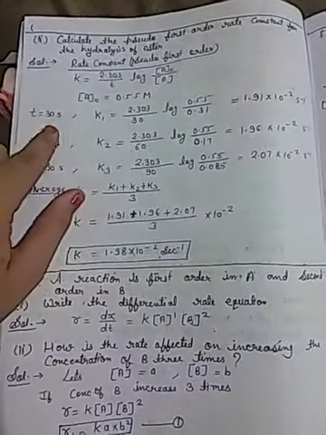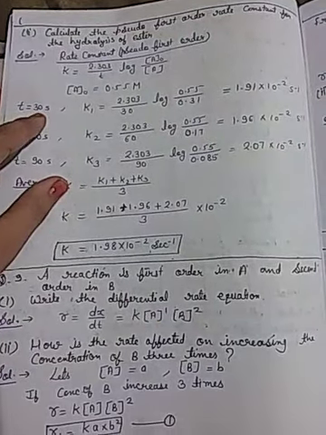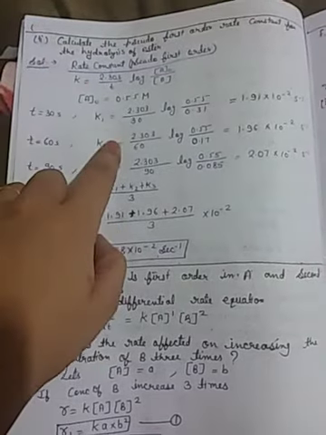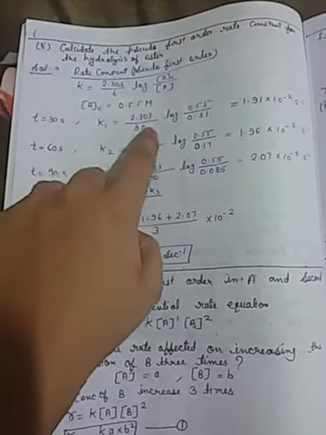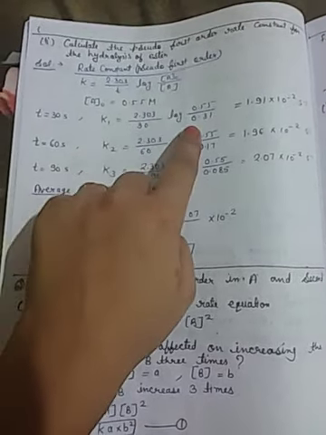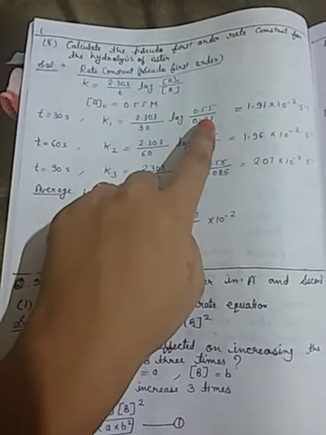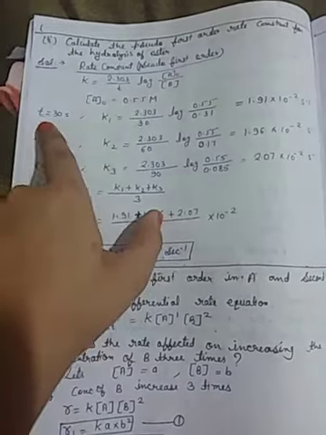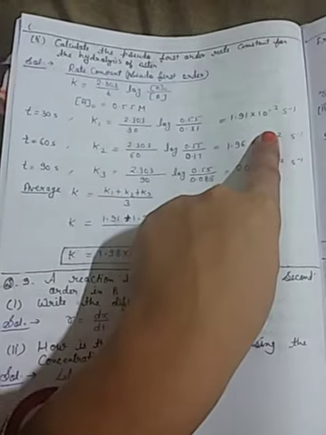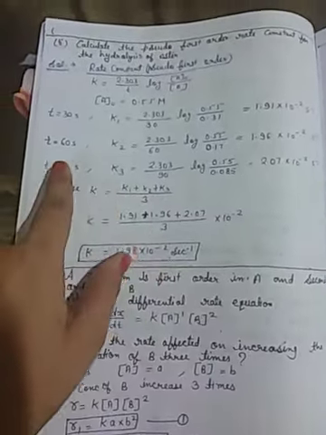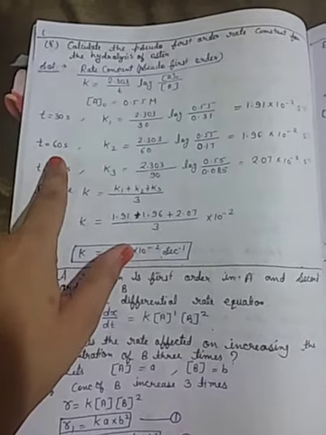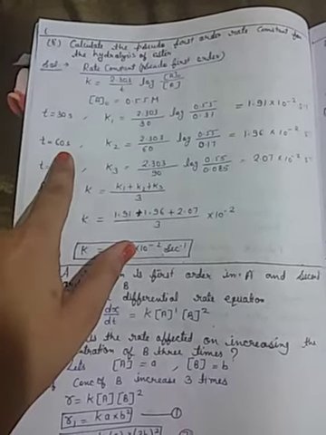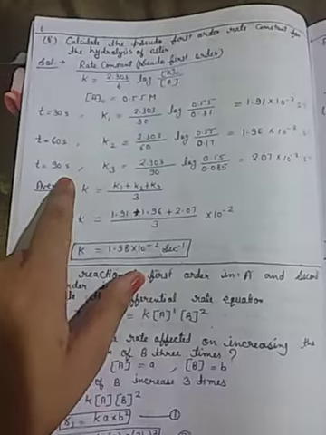at every time. So first we find at T is equal to 30. The formula is K1 is equal to 2.303 upon 30 log A naught, 0.55 initial concentration, and A at the time of 30, 0.31. So this value is found. In a similar way at time 60 seconds and the third time 90 seconds.